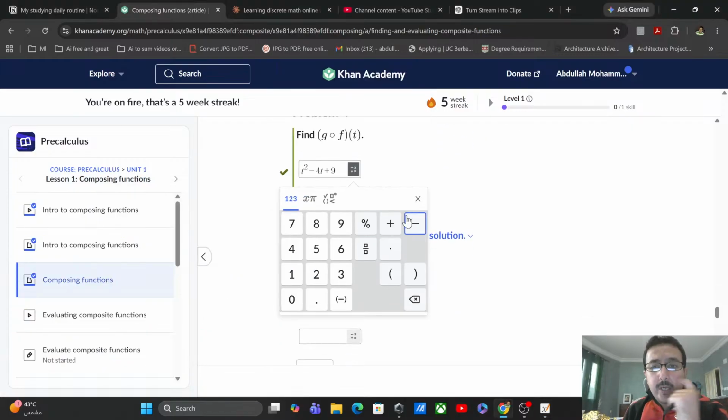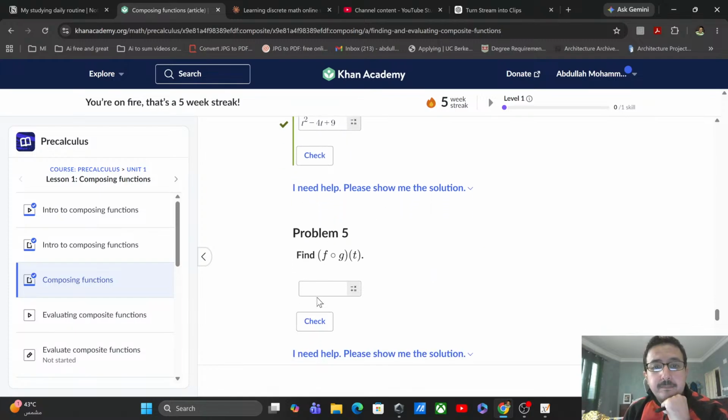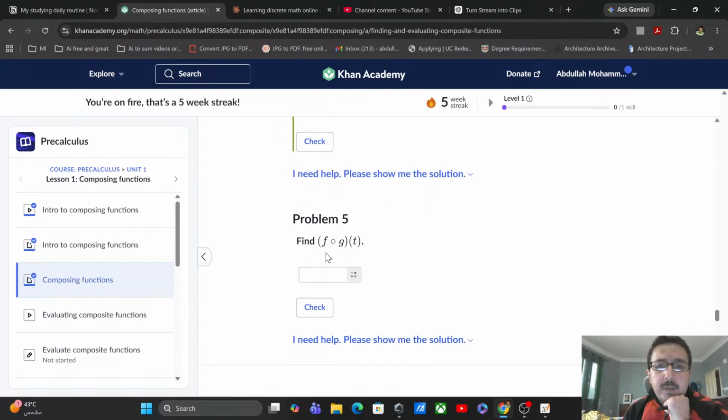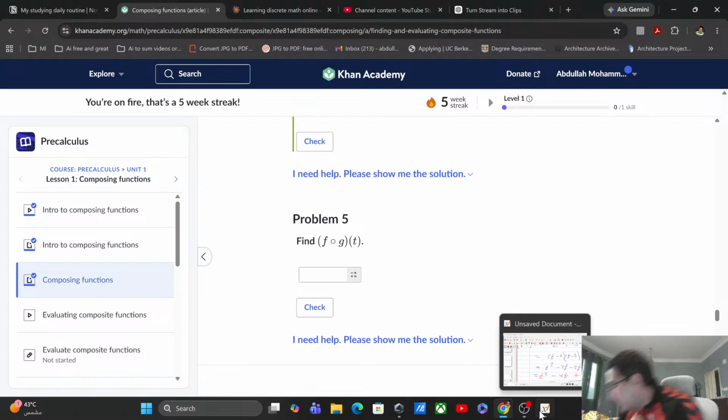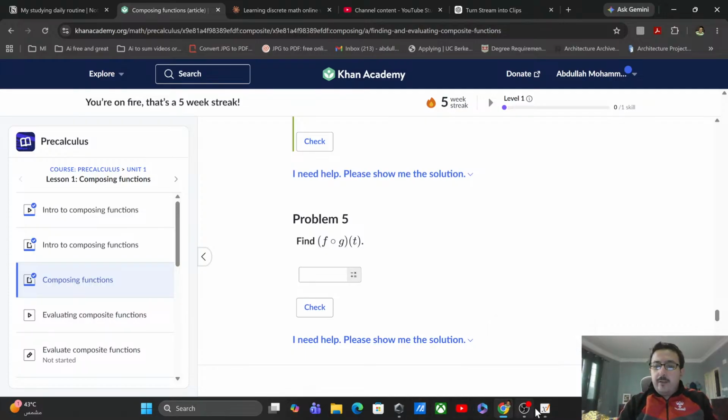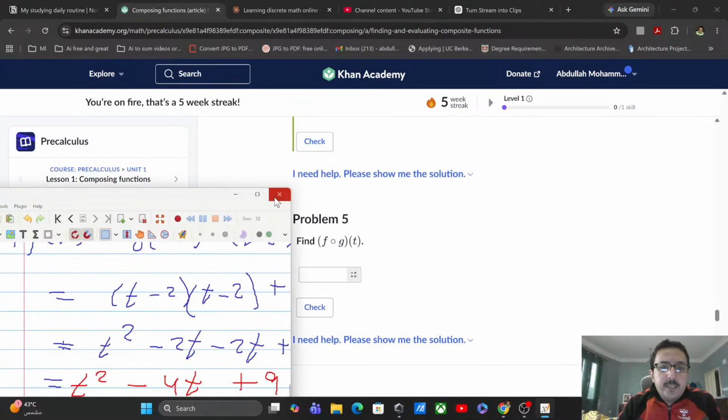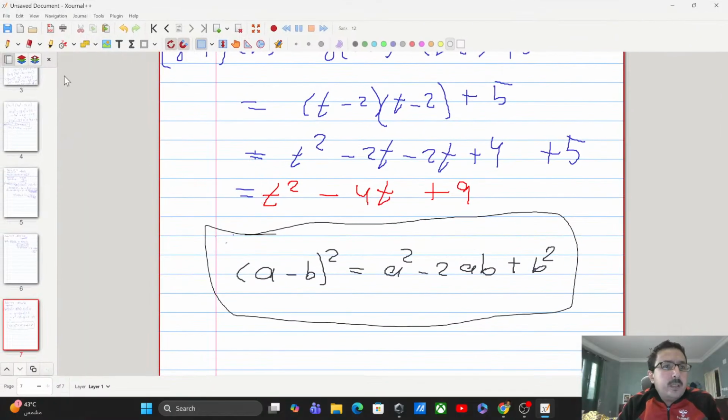Okay, let's check. Problem 5 is next, but let's check our formula first in ChatGPT, what we concluded from our solution.